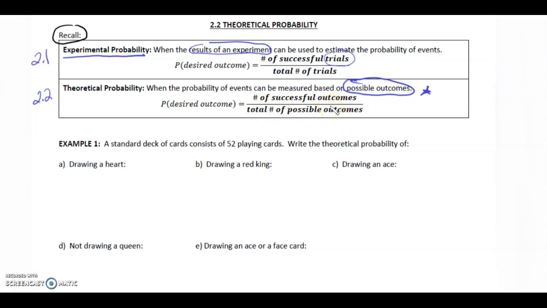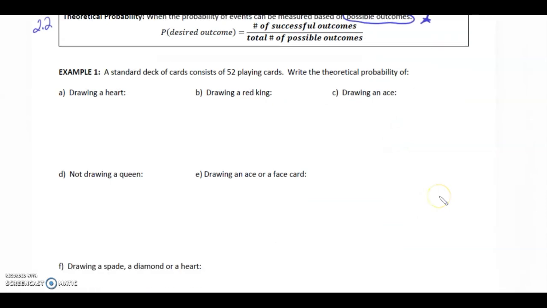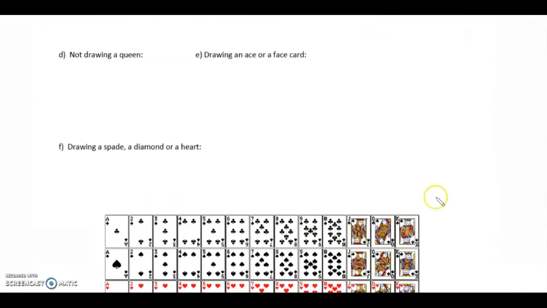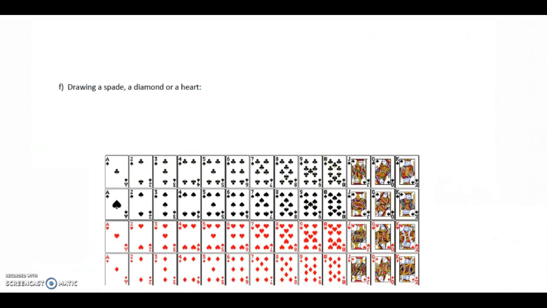We're going to start with a question having to do with a deck of cards. I understand that a deck of cards is a little bit cultural, so you may not have grown up with this. Let me give you a quick overview. For any deck of cards, we have the numbers basically 1 to 10.